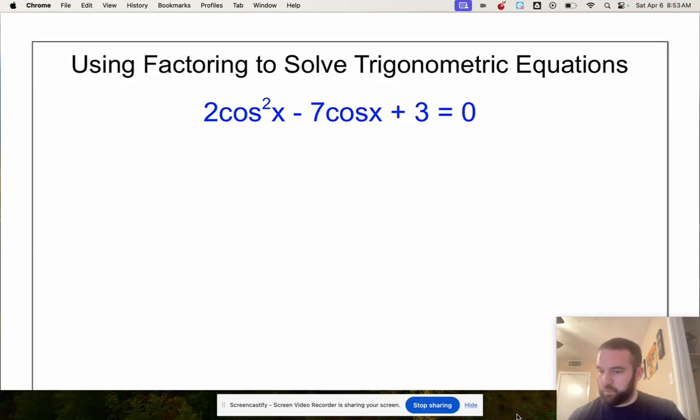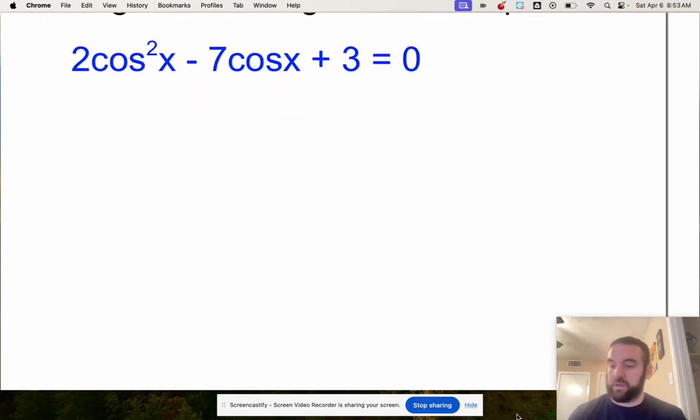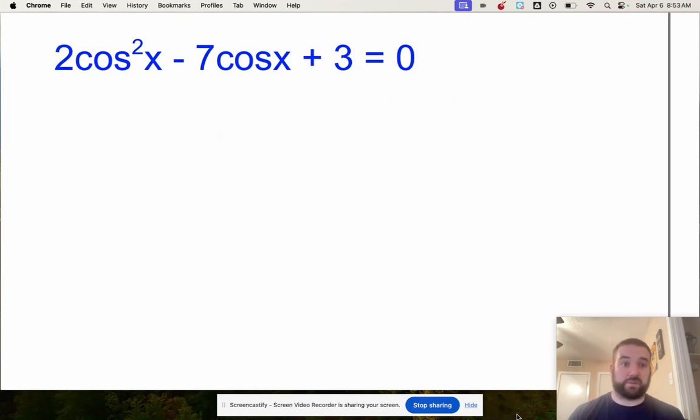Okay, a couple more that we're going to take a look at, because now we can bring in factoring to the equation. So this equation looks ridiculous to solve: 2 cosine squared x minus 7 cosine x plus 3 equals 0.